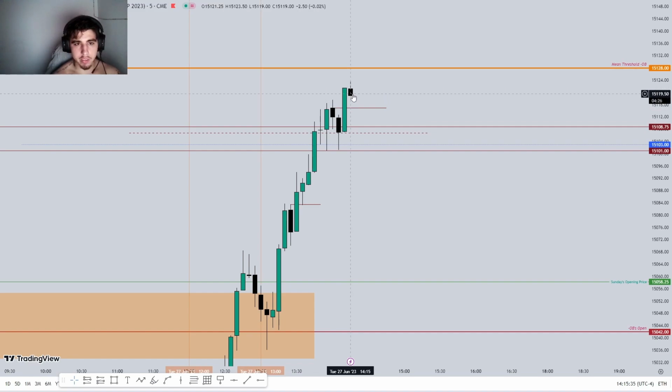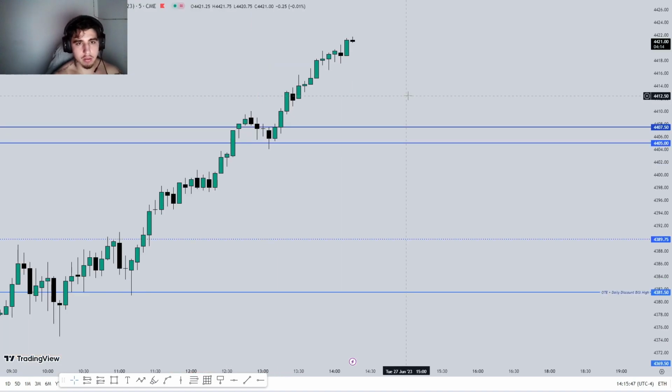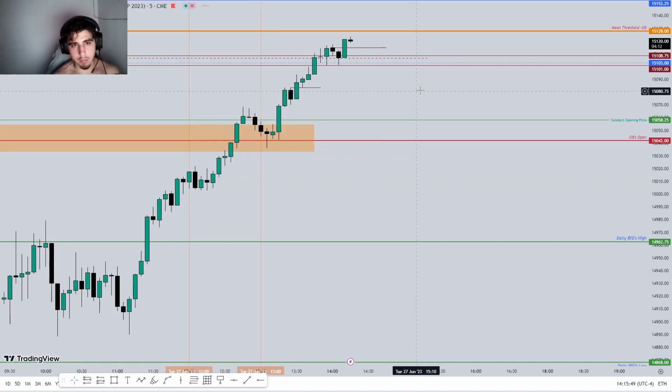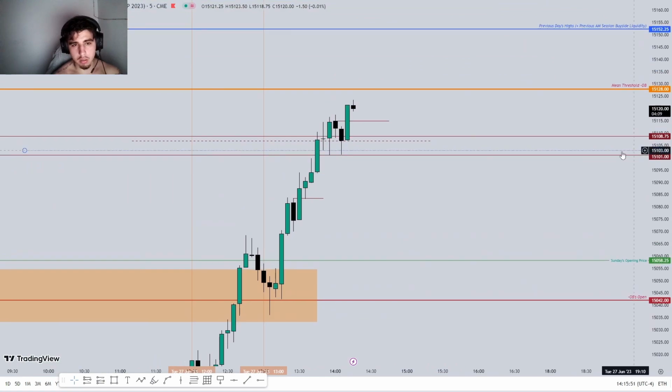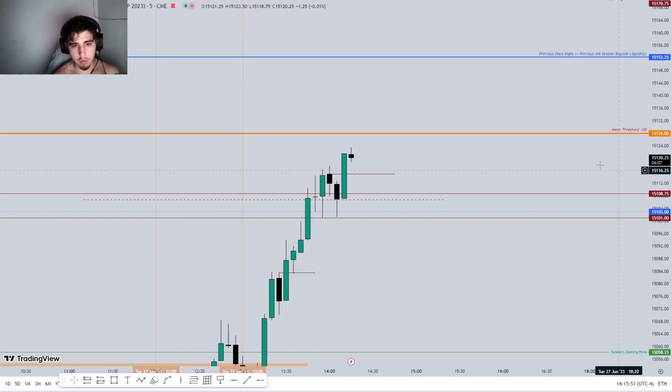If it retraces, I will look for the high and the open of this candle, but I would prefer to see strength. I would prefer to see price so strong that we're not even going to that level. So I'm gonna mark this out.